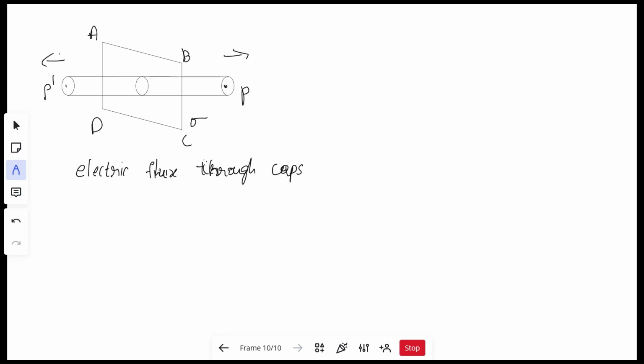So here this is the E component. Similar to before, we consider a small element del S on the circular cap. So it will be E dot del S on this circular cap.